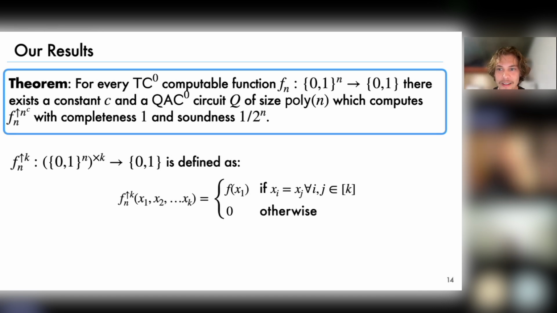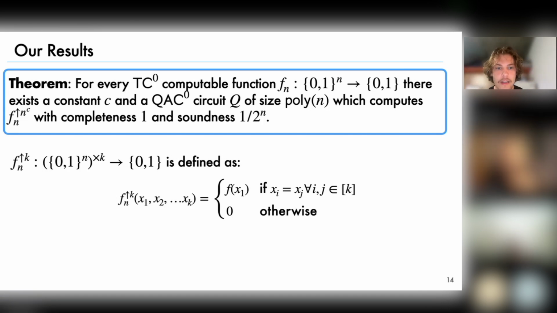It's a bit notation heavy, but I hope the idea is simple. So we take k blocks of n bits each, and if all of those k blocks are the same string, then we just evaluate the underlying function on, say, the first block. But if any of those blocks are different, then we just output 0.